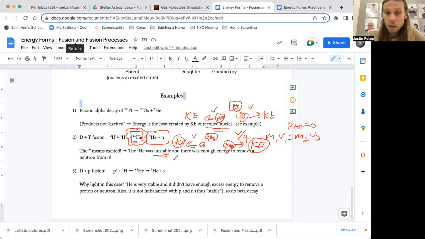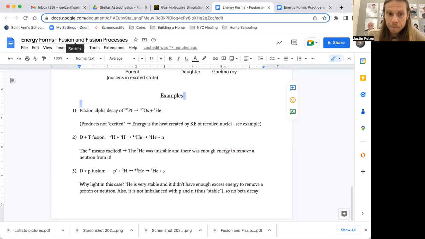Now here's an example where light is released, number 3. Say I have proton plus deuterium to an excited helium-3. That contains the excess energy. It is in the excited state. Well, that excited state, it's stable. It didn't have enough excess energy to remove a proton or neutron, and it's not imbalanced.